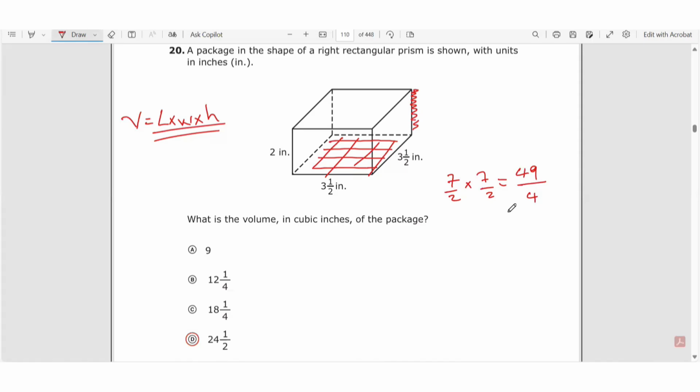And then in the end, you're going to multiply this by 2. So if you multiply this by 2, you can see this 2 cancels itself, and then we have a 2 here. So 49 divided by 2 will give you 24.5. And this is what we're seeing here. And this is one of the multiple ways that we could work it out. And definitely, I could have produced more ways, but for now, we'll stop.